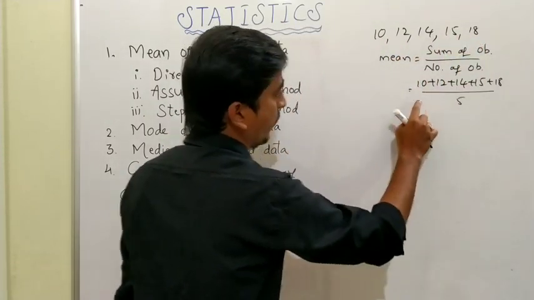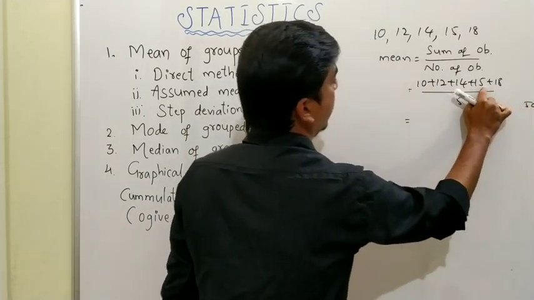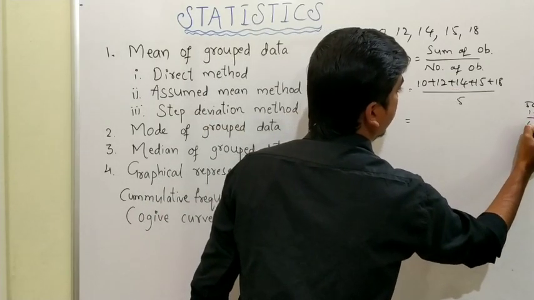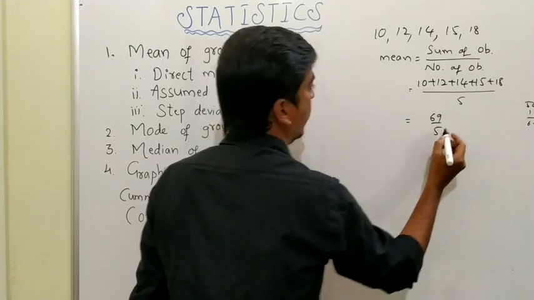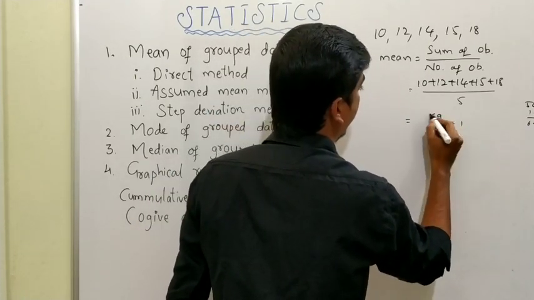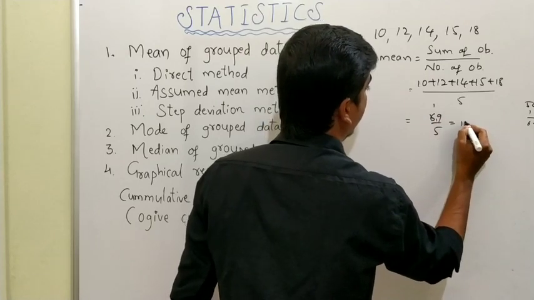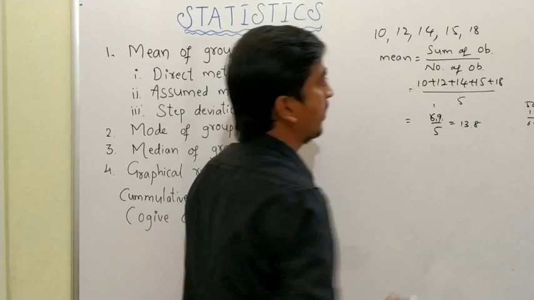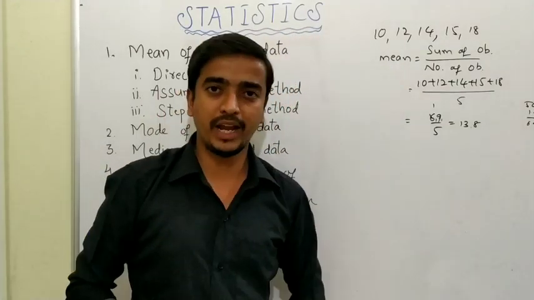By adding, we get 69, so 69 by 5. Approximately, we get 13.8. So the average marks, the mean marks of the students, is 13.8 marks.